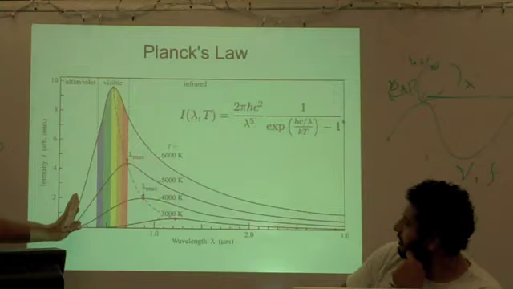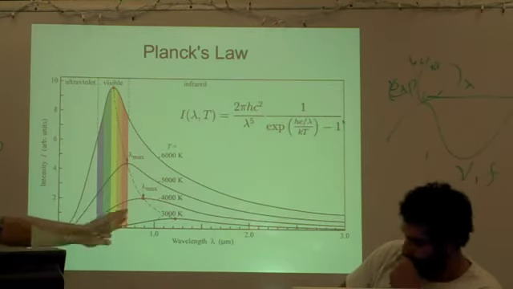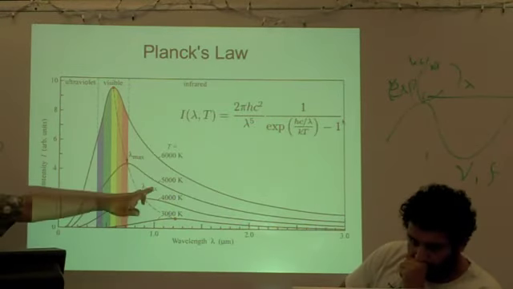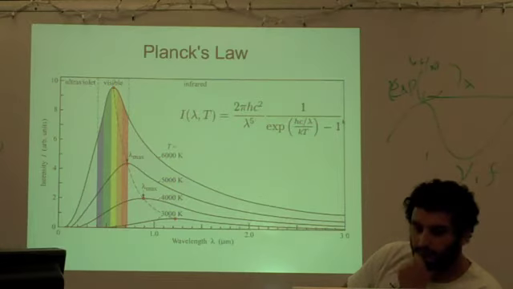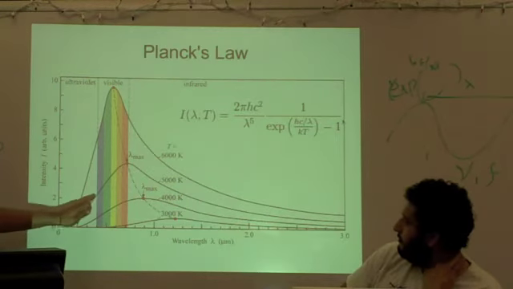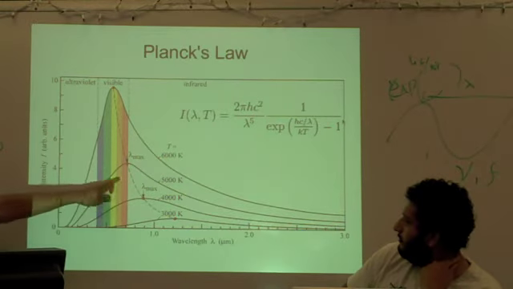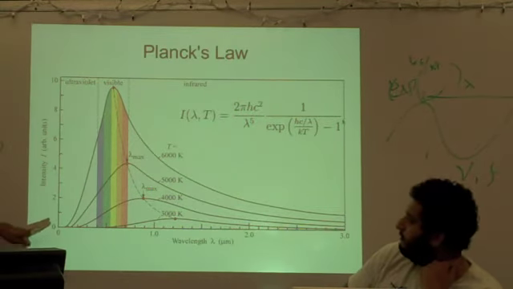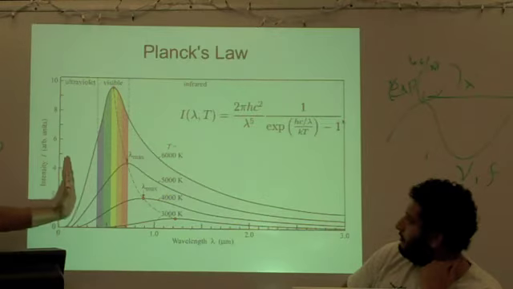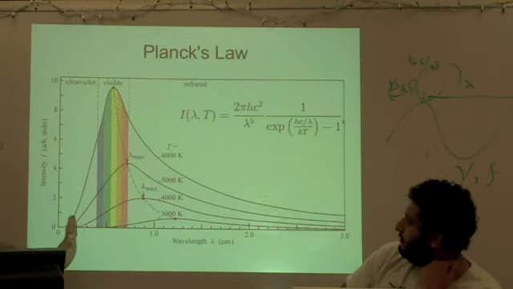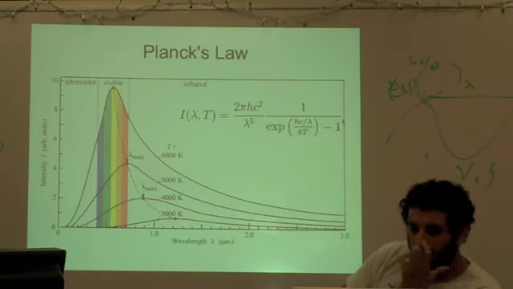Here's an object, a black body at 5000 Kelvin. It again is emitting radiation at all wavelengths. At this wavelength, it's emitting this intensity of radiation, and at this wavelength, it's emitting this intensity. But the peak has shifted again to higher frequency or lower wavelength, which are the same thing.